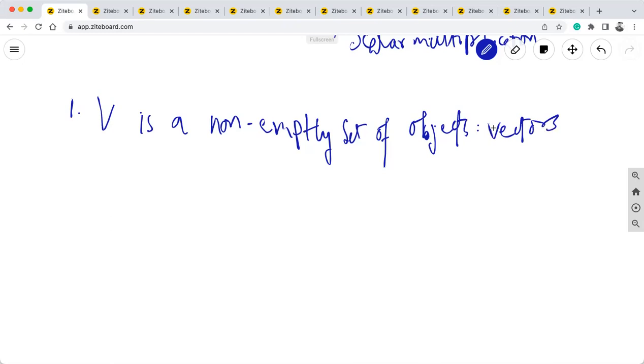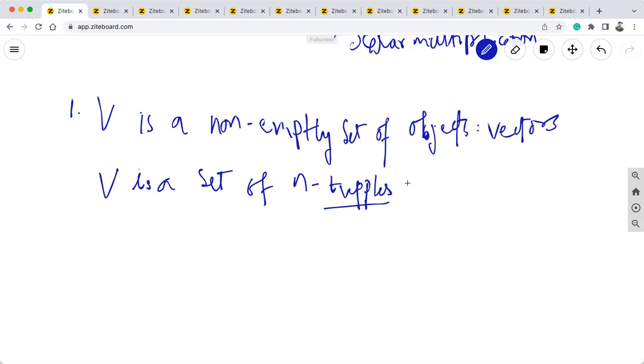We can rewrite this statement as: the set V is a set of n-tuples. Tuples is a computational term.